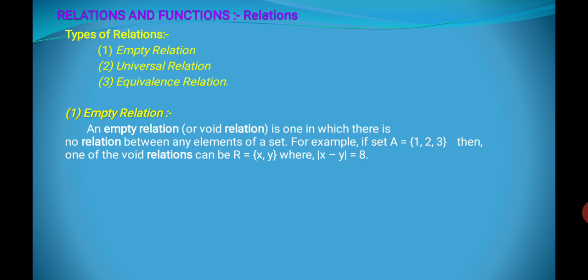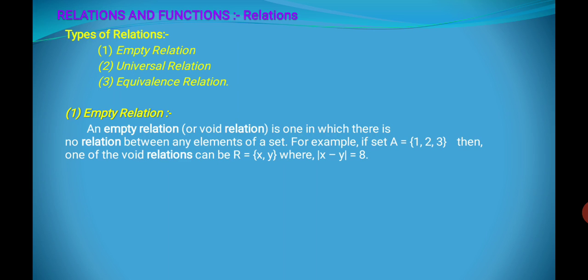An empty relation or void relation is one in which there is no relation between any elements of a set. Means what? None of the members is connected to another member. For example, set A is equal to the set {1, 2, 3}. Then one void relation can be written as R is equal to the set of (x, y), where x is in A, y is in A, where modulus of x minus y is equal to 8.